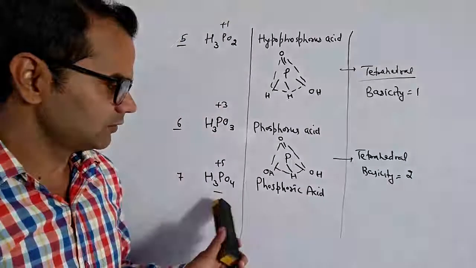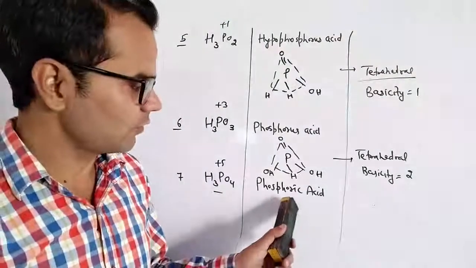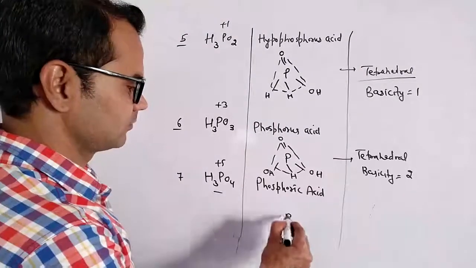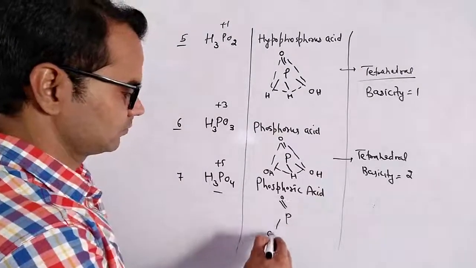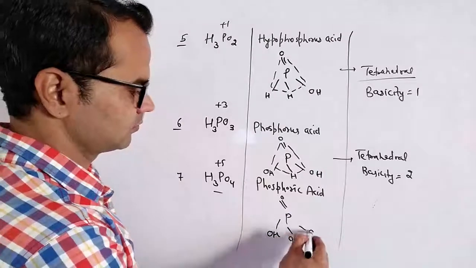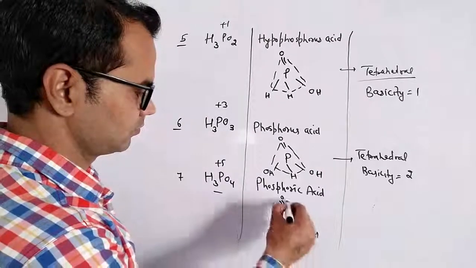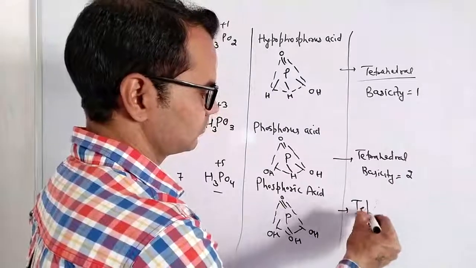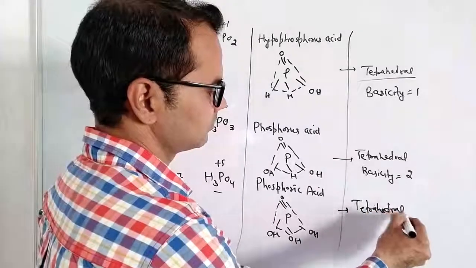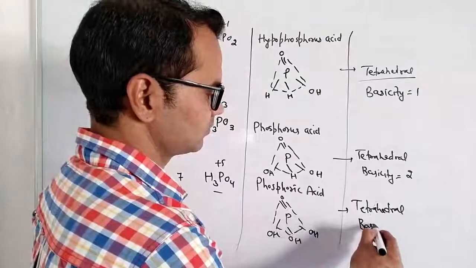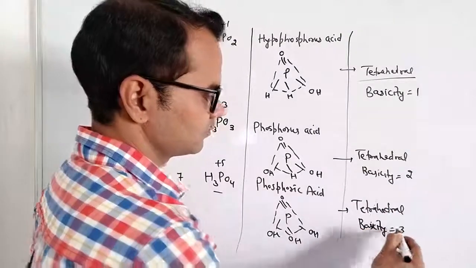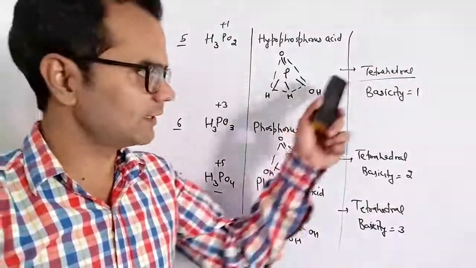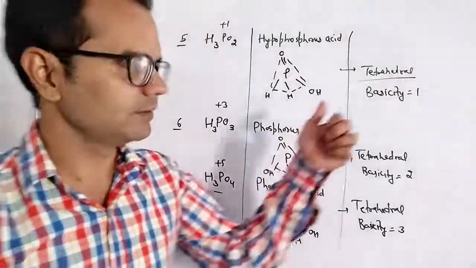And last we have phosphoric acid. In phosphoric acid there are 3 OH bonds. So oxyacids of phosphorus all are tetrahedral in shape but differ by basicity.